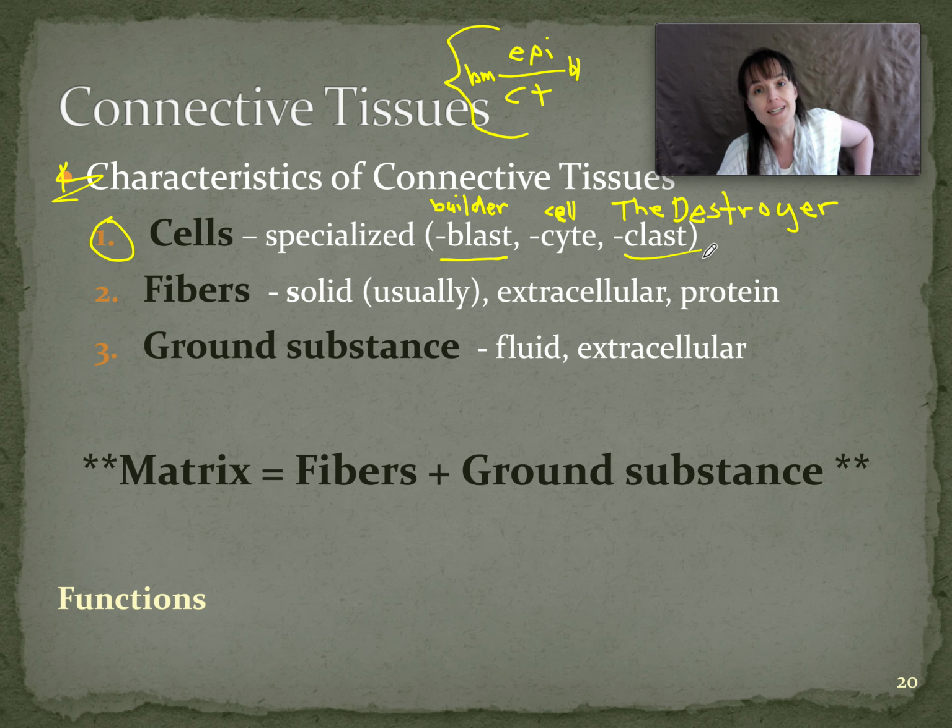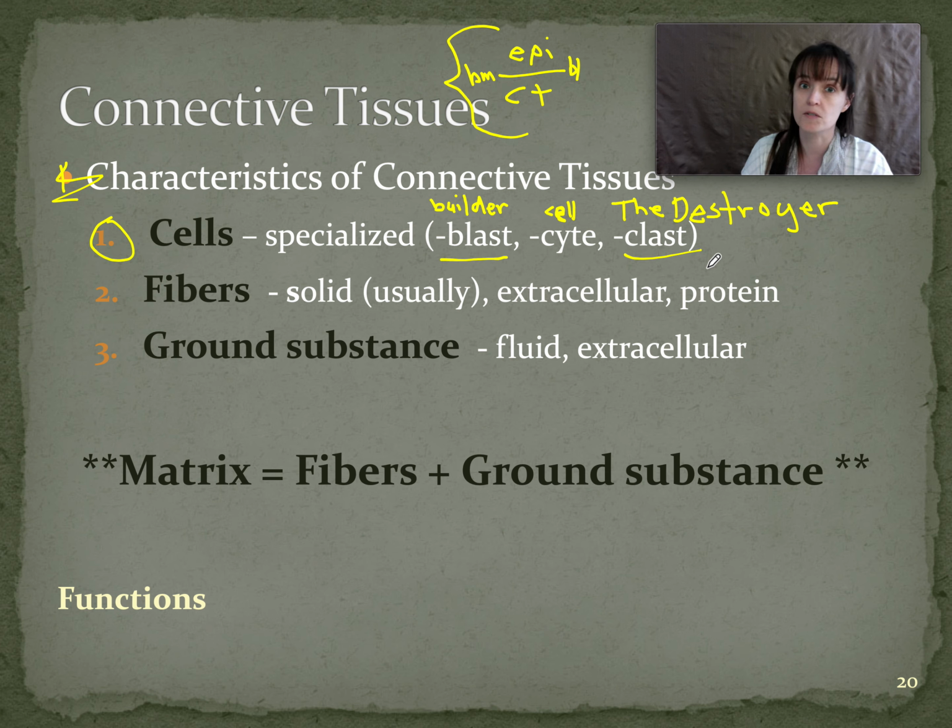It breaks things down. So an osteoclast is a cell that breaks down bone. It eats holes in your bones from the inside and releases the calcium into your bloodstream, because a regulated calcium level in the bloodstream is actually very important. Worth chewing holes in your bones. So: blast, builder; cyte, cell; clast, destroyer.